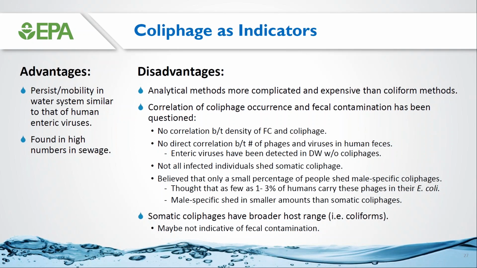You'll see in some of my later slides that some of them have very complex life cycles where they go from the host cell to an environmental matrix, and then back to a different host to infect. Mimicking that in the laboratory can be challenging at times.